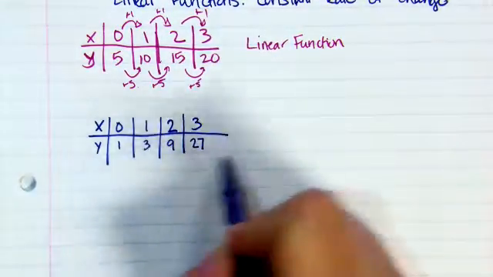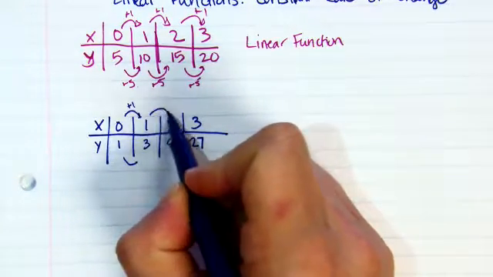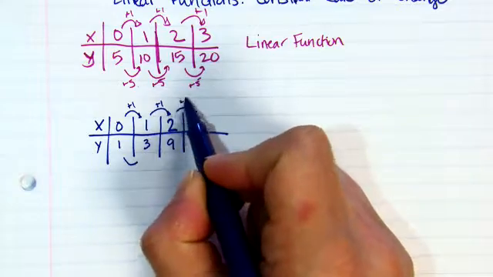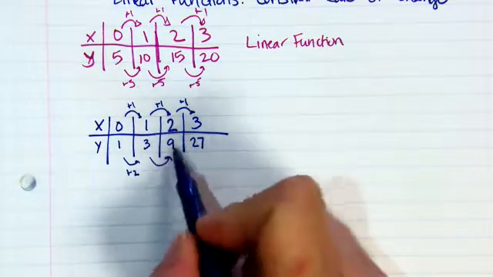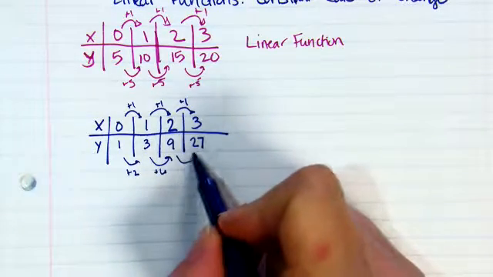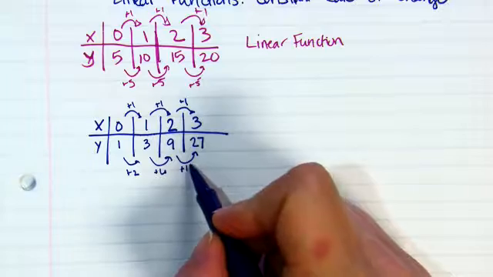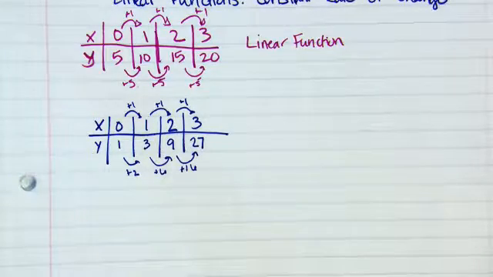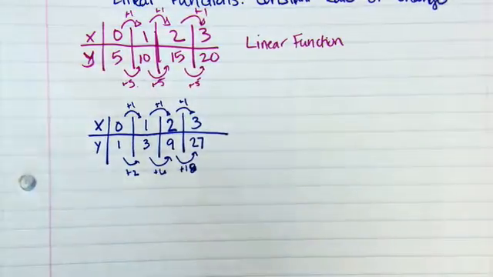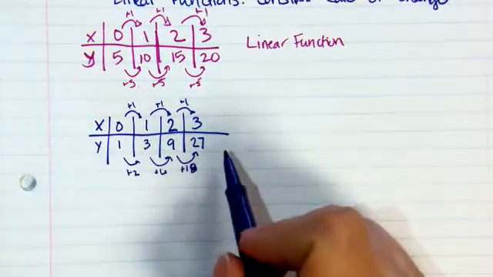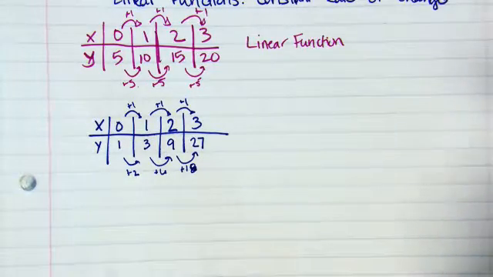So if we look at our change here, x is increasing by 1 every time still, but I'm adding 2, and then I'm adding 6, and then I'm adding, no, I'm sorry, it's adding 18. Regardless, we are not adding the same thing every time. This does not have a constant rate of change. So right away we know it's not linear.